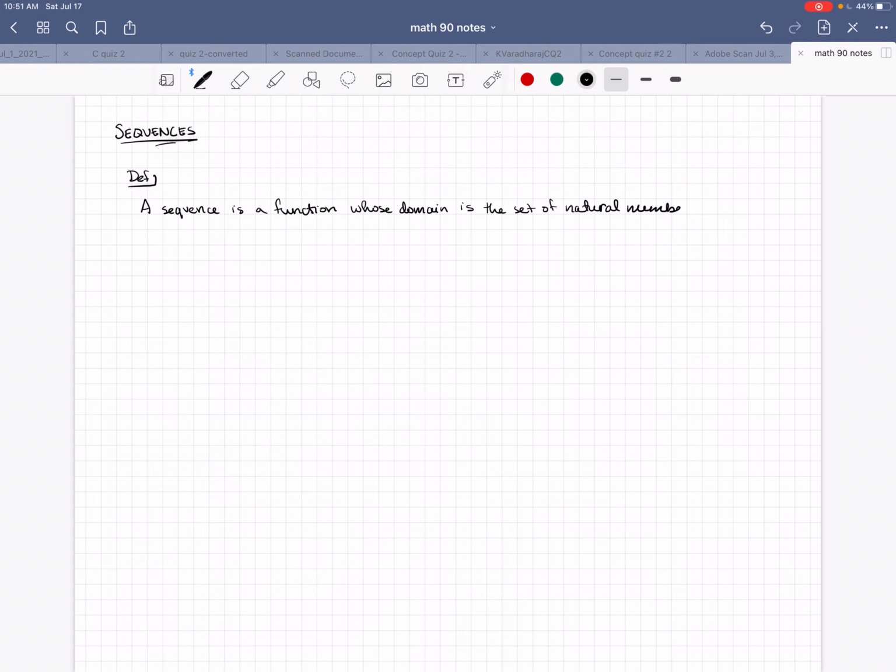So natural numbers are the numbers 1, 2, 3, and so on. In other words, positive whole numbers.